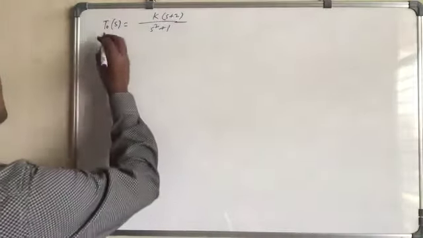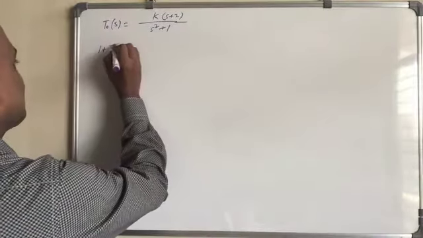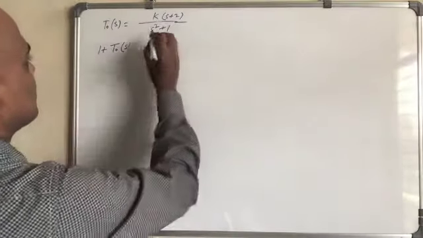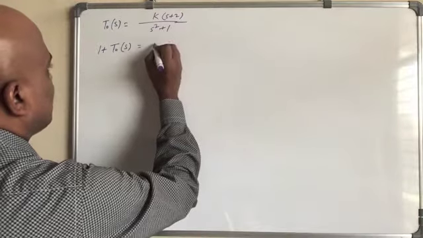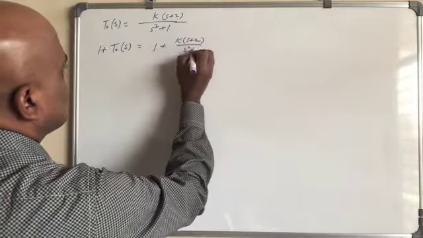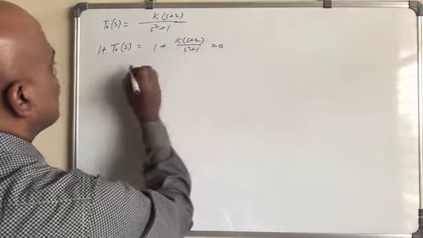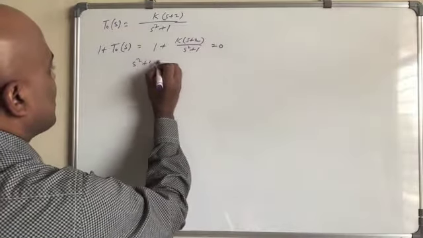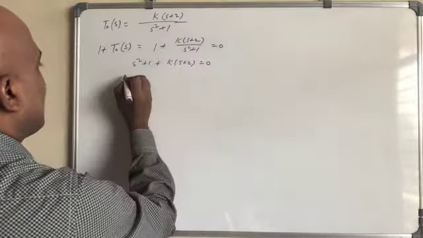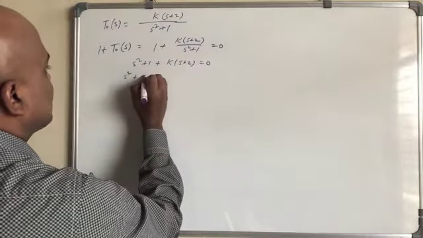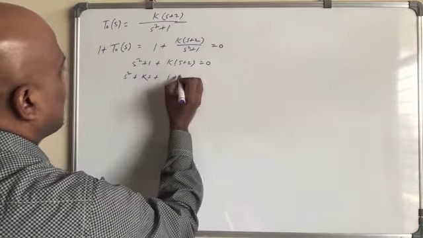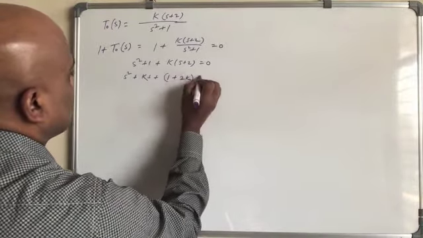The characteristic equation 1 plus T naught s equals 1 plus k(s plus 2) over (s square plus 1) equal to 0, and hence you get s square plus 1 plus k(s plus 2) equal to 0, and s square plus ks plus 1 plus 2k equal to 0.